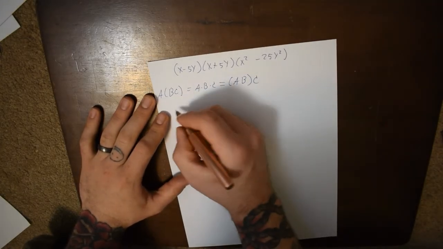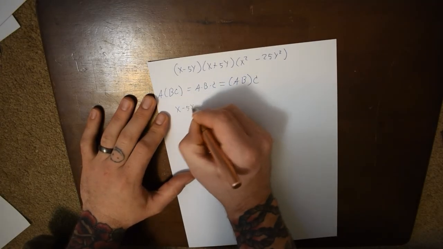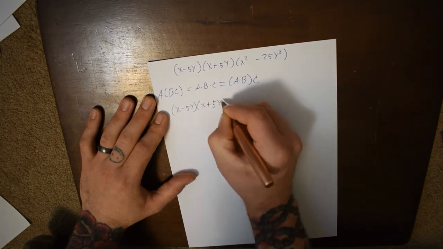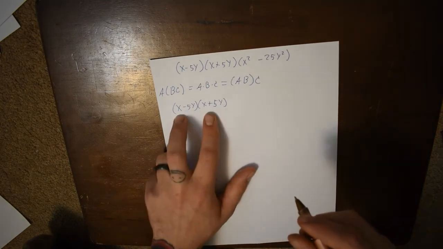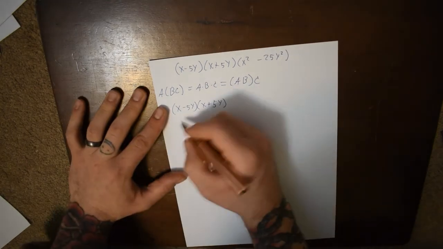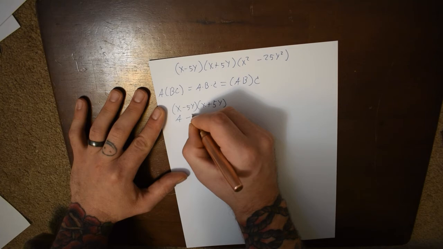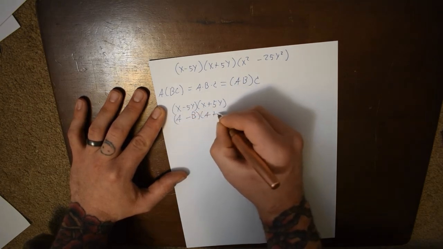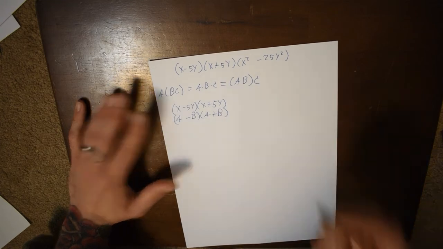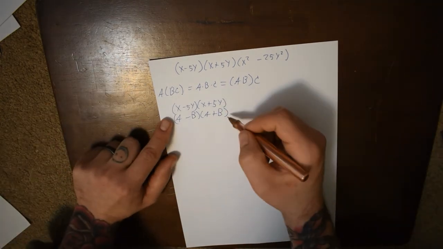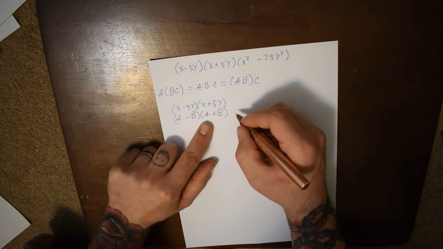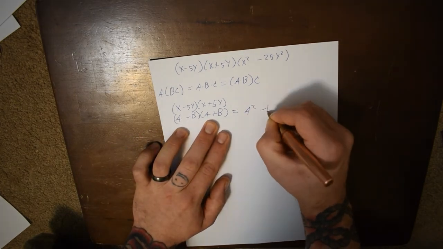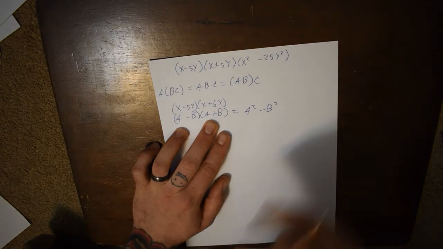So x minus 5y times x plus 5y. Well, if we use our formula, we'll first notice that this is an a minus b times an a plus b. I already wrote it out, so we'll continue with this. We know that a minus b times a plus b is equal to a squared minus b squared.